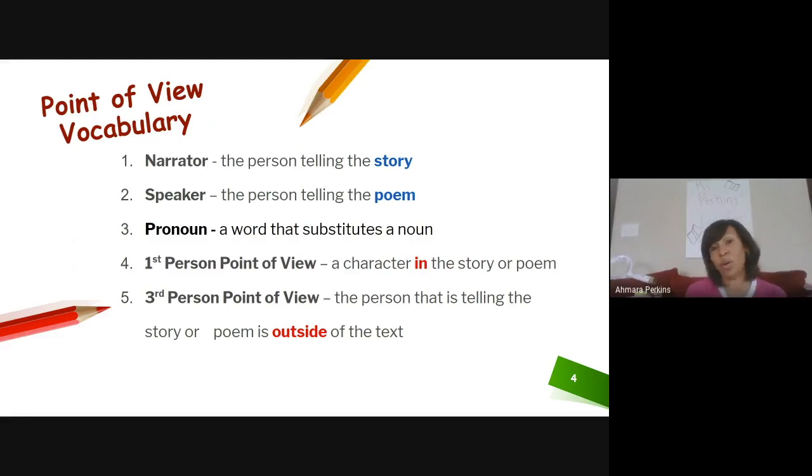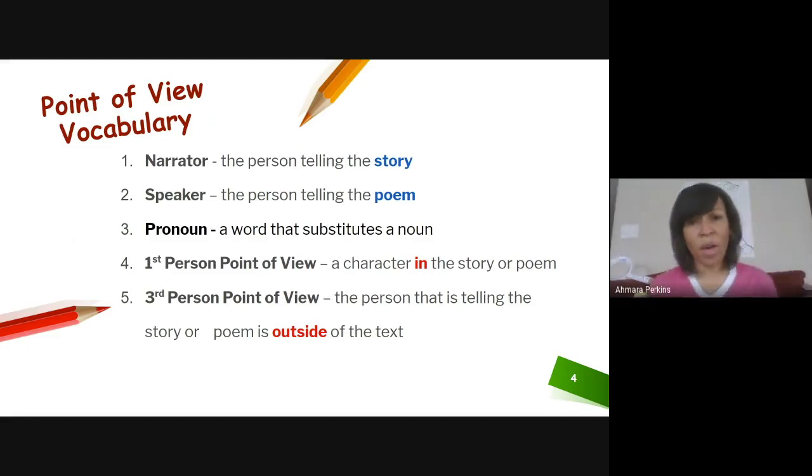A speaker is the person who is talking in the poem, or telling the events that occur in the poem. A pronoun is a word that substitutes for a noun. First person point of view is a character in the story or a poem telling the story, okay? Third person point of view, the person telling the story or poem is outside of the text. They are not in the text, all right?